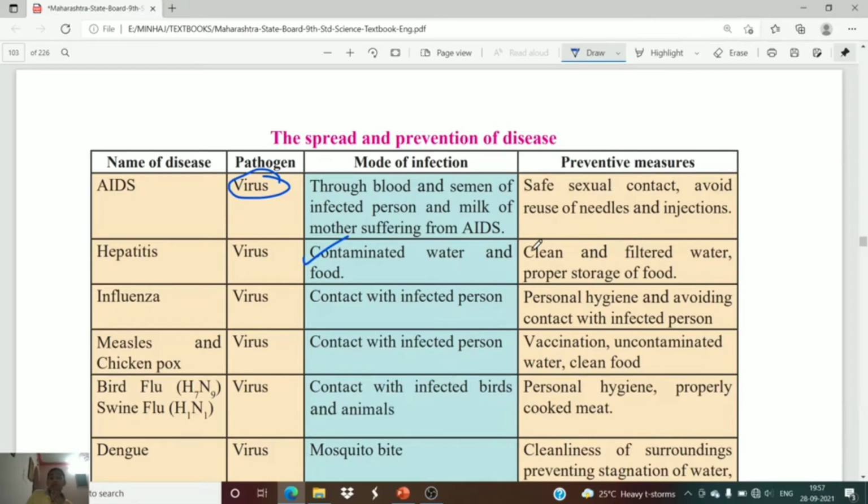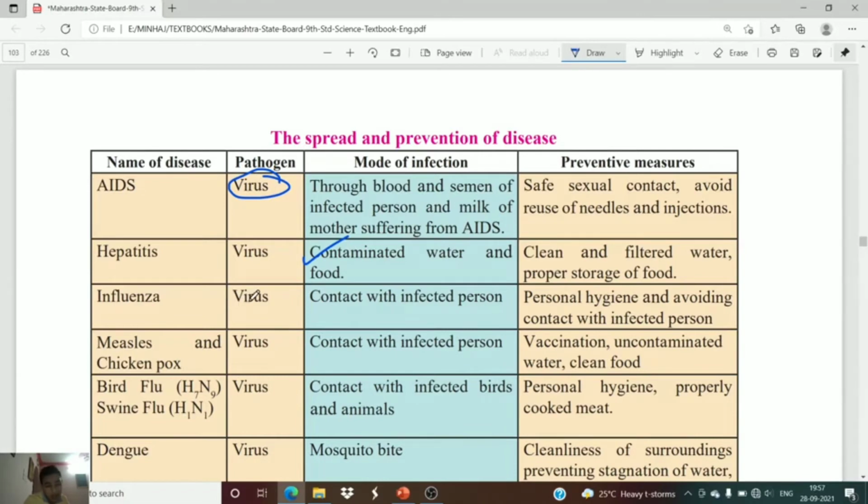It can be prevented by clean and filtered water. Whatever water we are going to use, it must be clean and filtered, and the food must be stored properly, so as to ensure that this pathogen does not get in contact with the food.